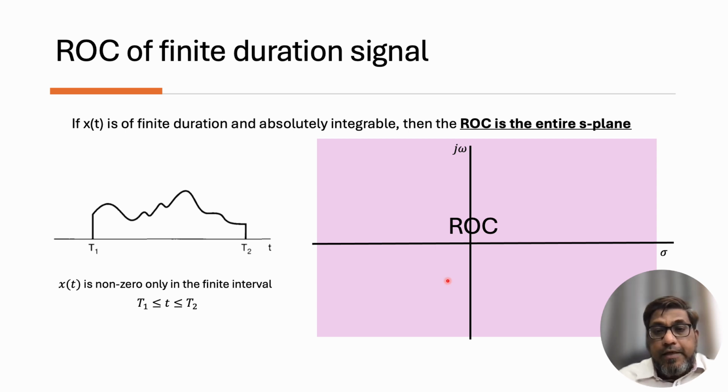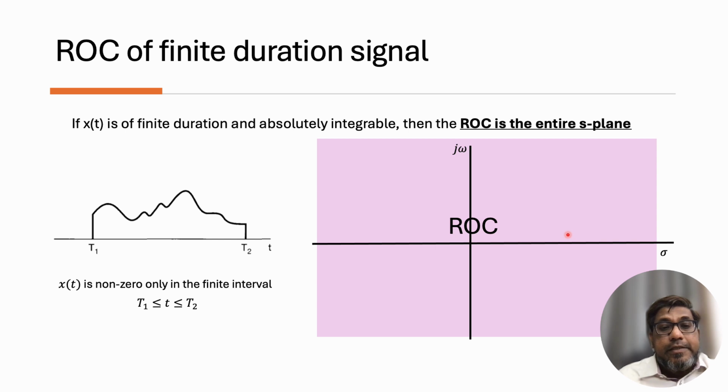So we say that the region of convergence for such a signal is the entire S-plane. So again, when we find the Laplace transform of a signal and find that the ROC is the entire S-plane, it tells us that the signal is of finite duration and it is absolutely integrable.